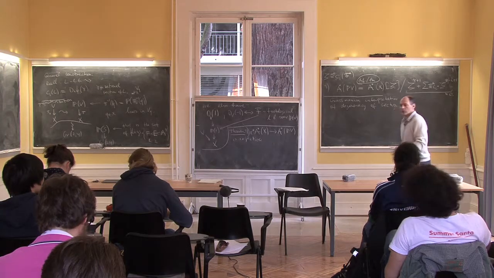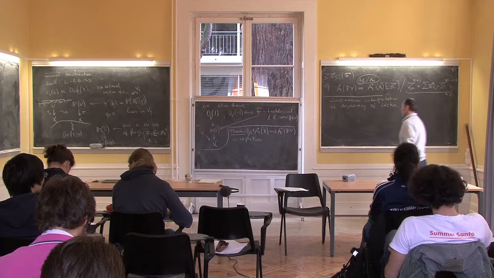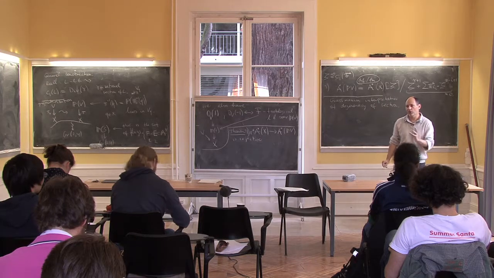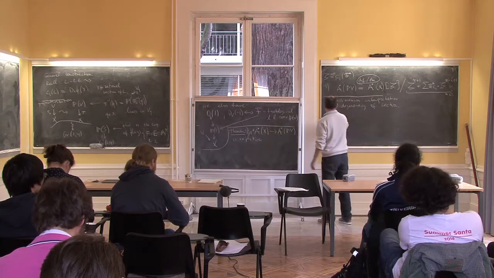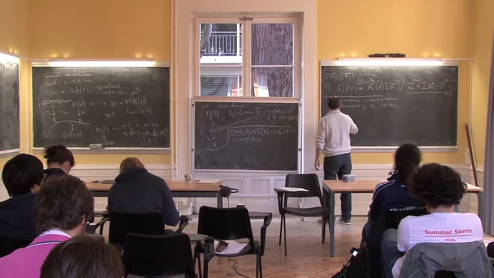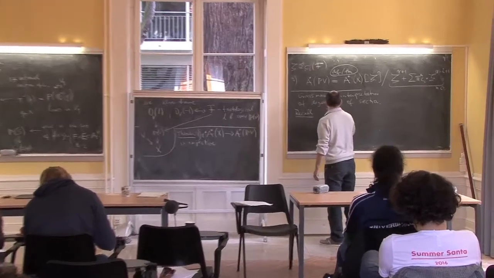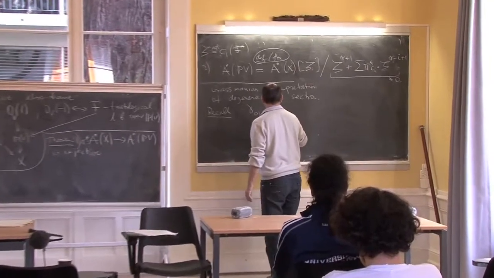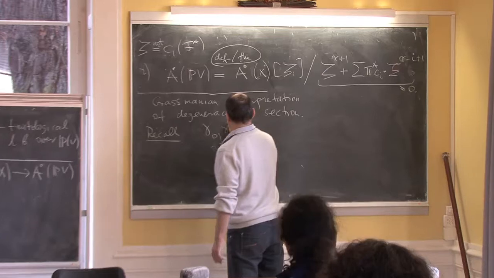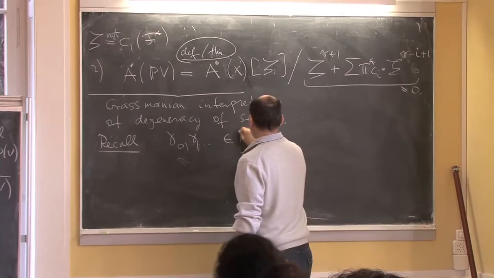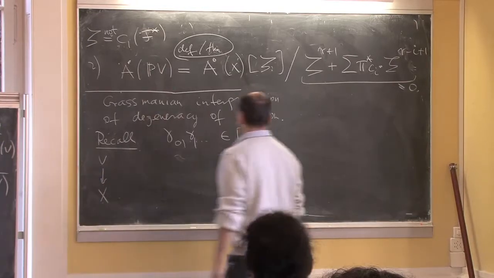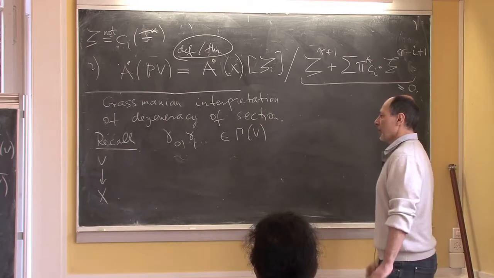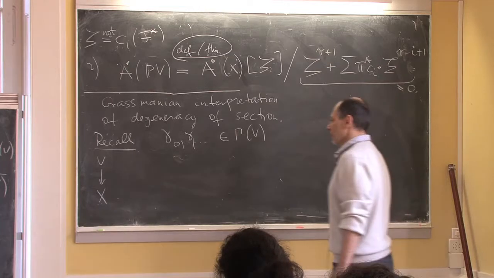So what I mean is the following. I make something a little more precise now than before, okay? So recall what the idea was, that if there are sections, I can assume there's a bunch of sections in Gamma of V, so as before, V is a bundle, but assume now that there are many sections.